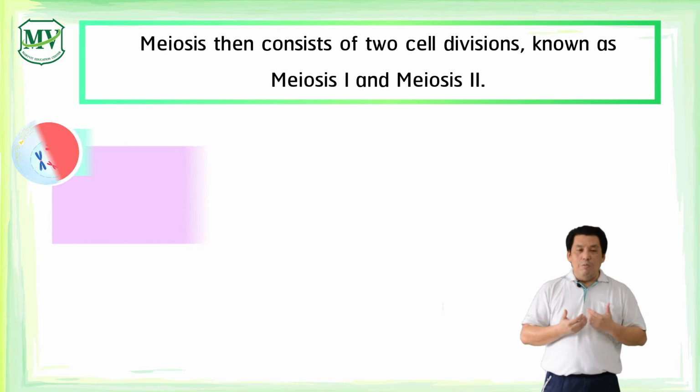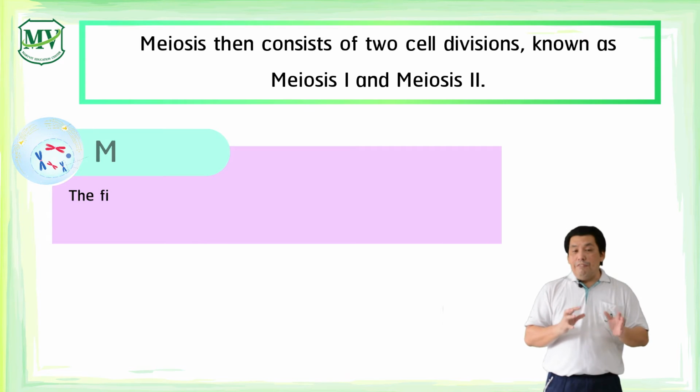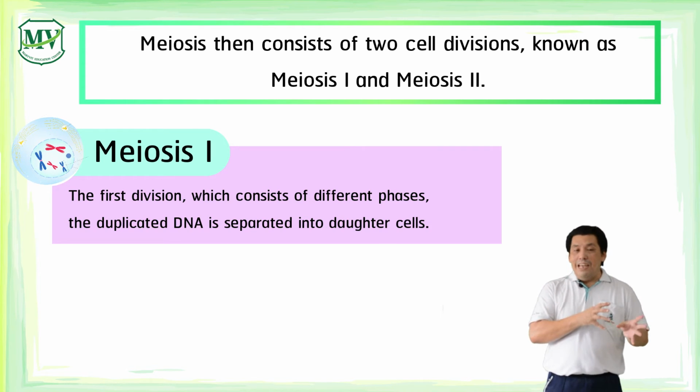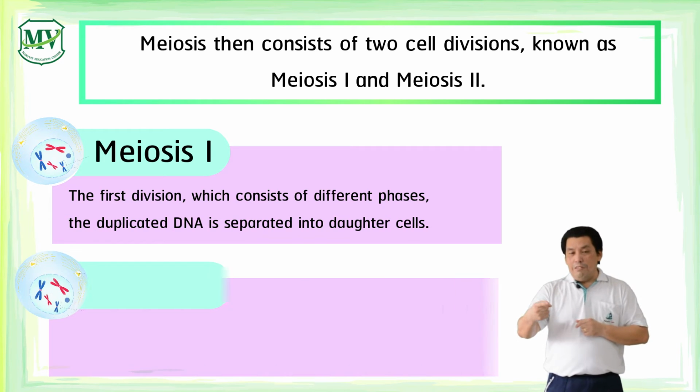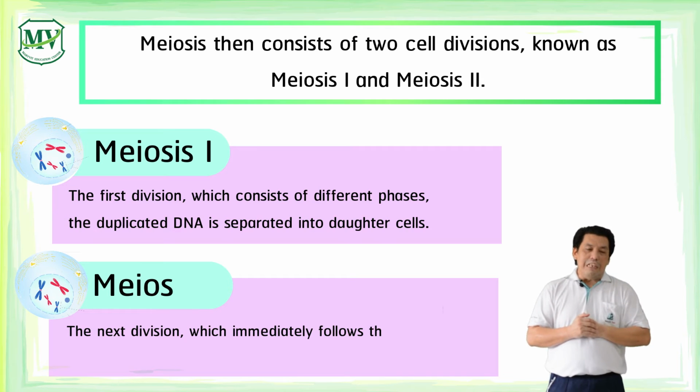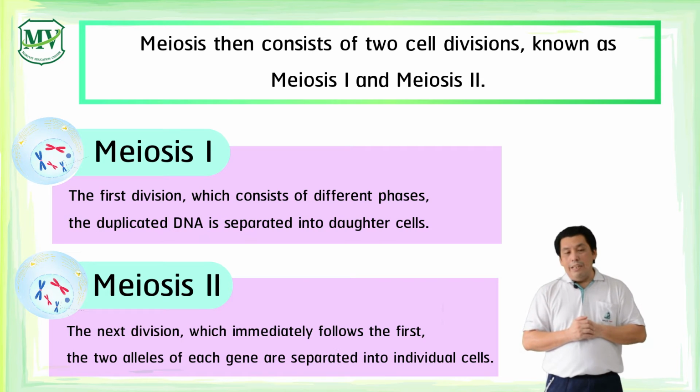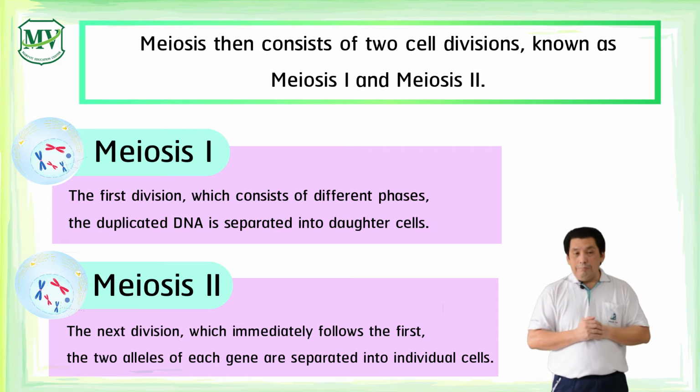In the first division, which consists of different phases, the duplicated DNA is separated into daughter cells. In the next division, which immediately follows the first, the 2 alleles of each gene are separated into individual cells.